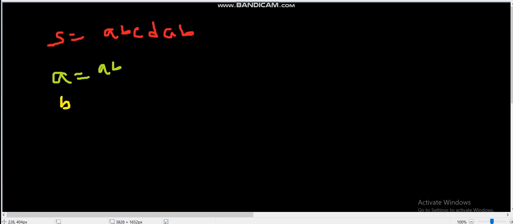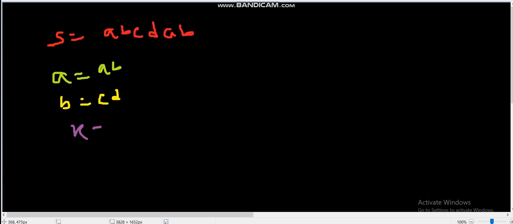So let's take an example, let's say s is abcdab. Now let's say this is s, and let's consider a is ab, and b is cd, and let's consider k as 2.